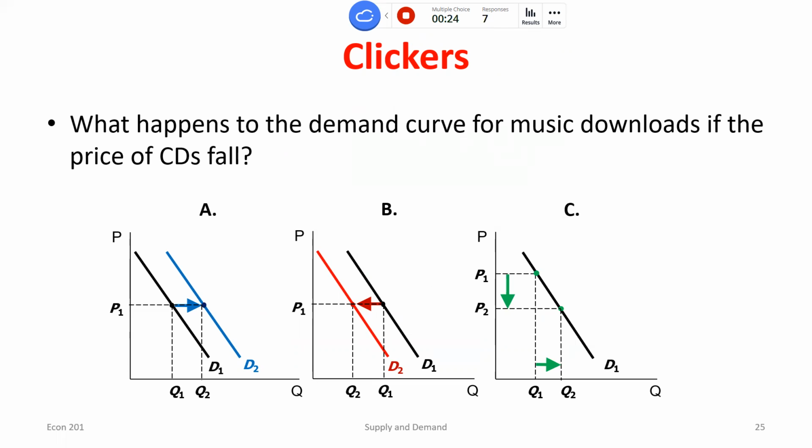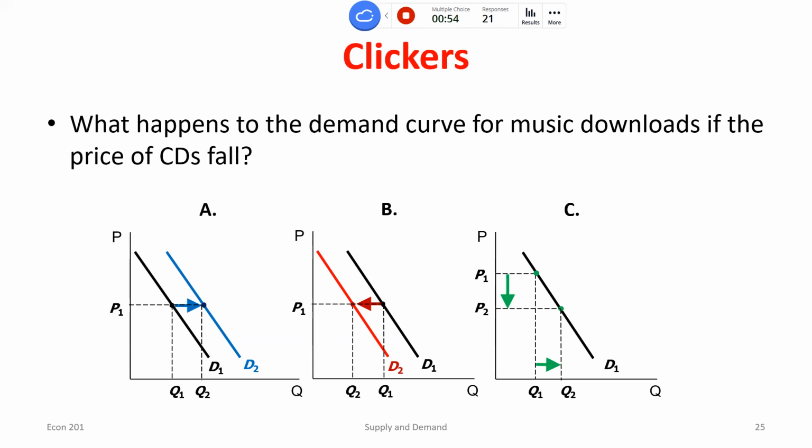So we go back in time and look at what's the demand for music downloads if the companies producing CDs start to decrease the price of CDs. If CDs become relatively cheaper, what happens to the demand curve for these music downloads?